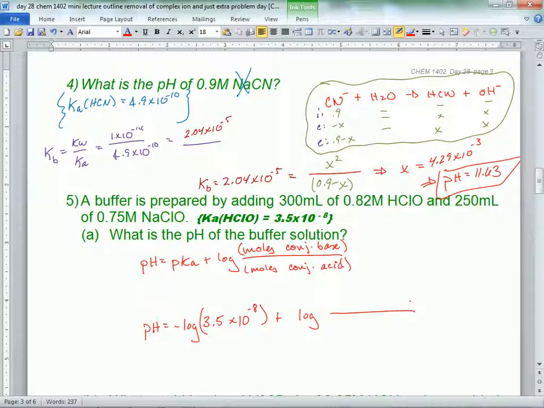See, which one is the base? Is it the first one or the second one? Second one. And remember, big M is moles over liters. So pretty much just multiply these two to get moles. But make sure this is in liters. So multiply this one times that one. As long as you're in liters, it'll work.